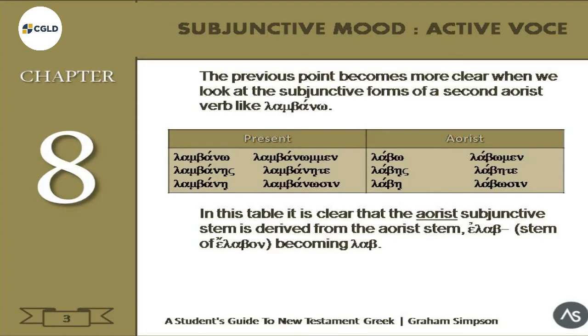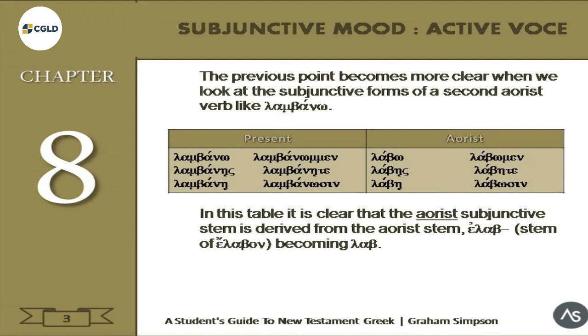The previous point becomes more clear when we look at the subjunctive forms of a second aorist verb like lambano. Look at the table below. Present subjunctive form of lambano: lambano, lambanomen, lambanes, lambanete, lambane, lambanosin.